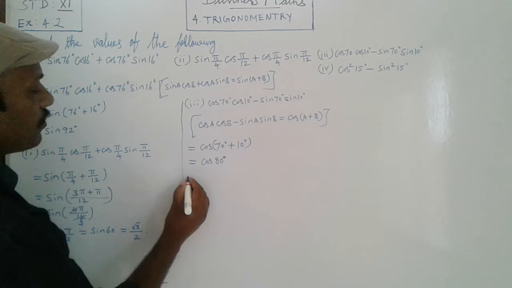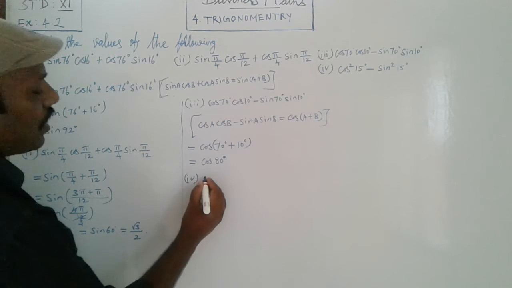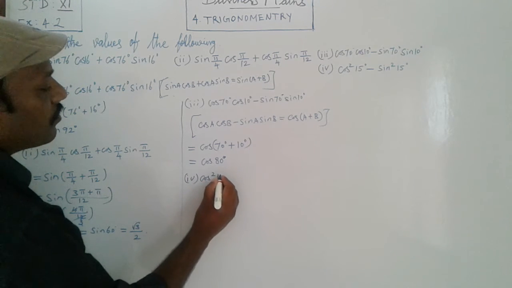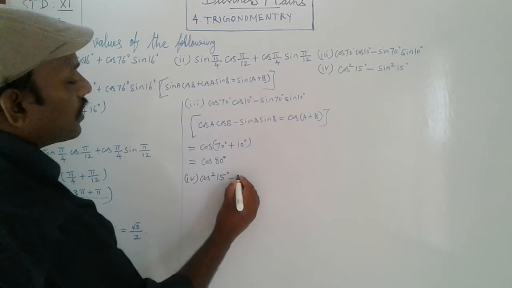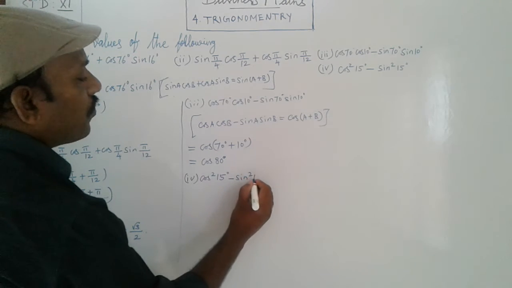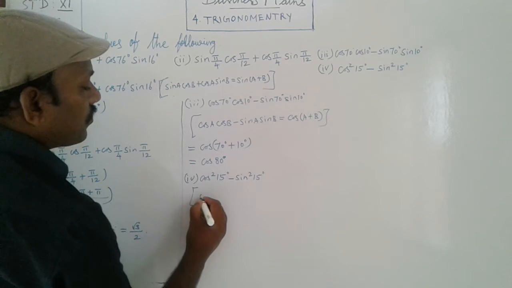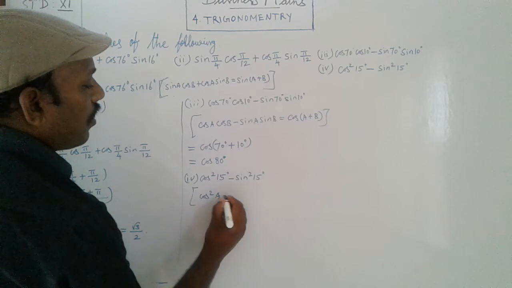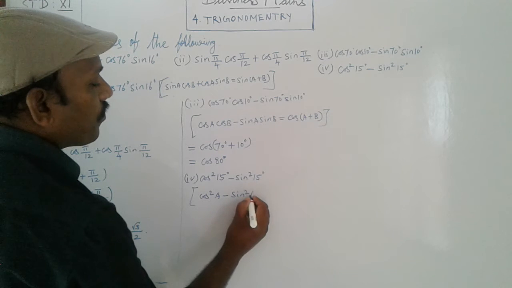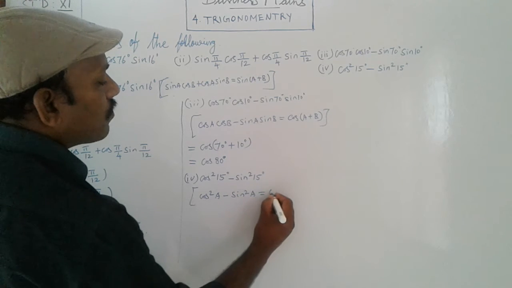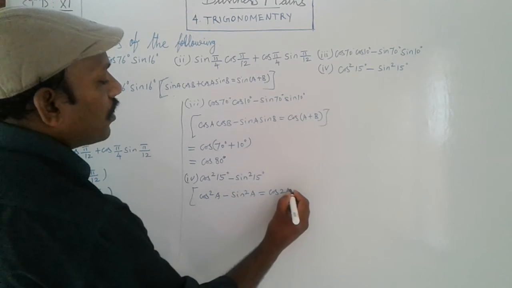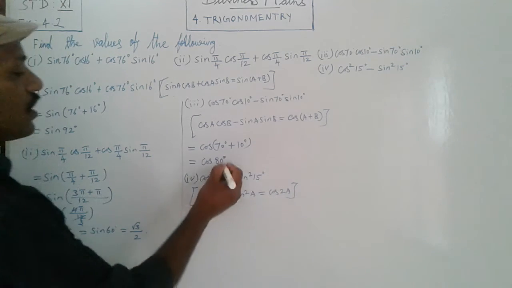Next, fourth sum: cos square 15 degree minus sin square 15 degree. So we know the formula cos square A minus sin square A equal to cos 2A is the formula. Substitute this formula.